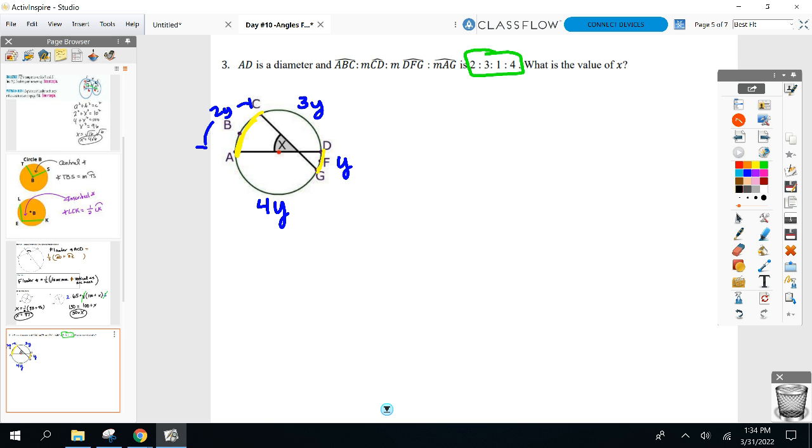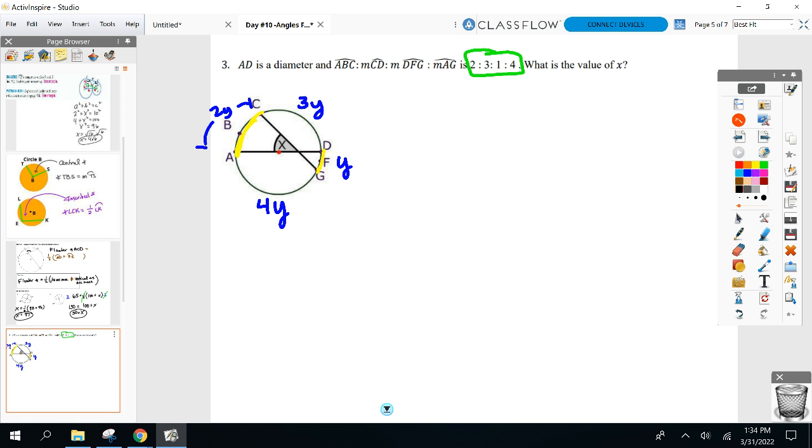I'll be here for a while. What do we know about all those arcs? What's going to come first here, an answer or a haircut from you? You know all the arcs. It's a circle. You know all the arcs. 360. There we go.